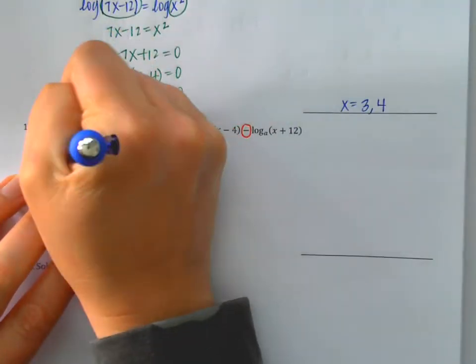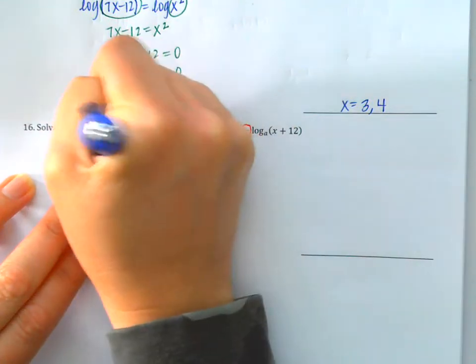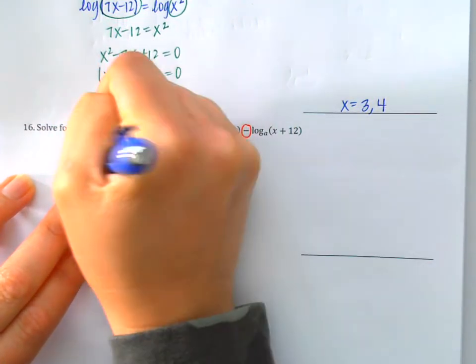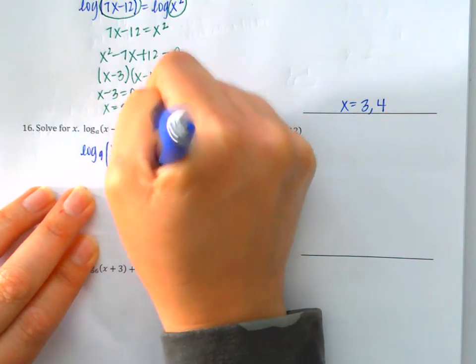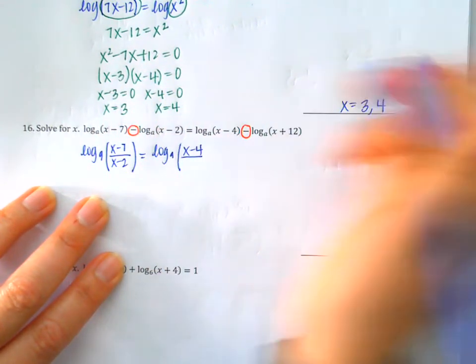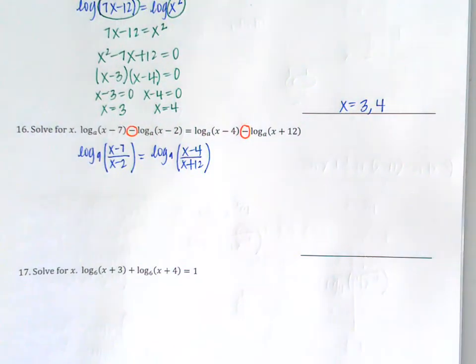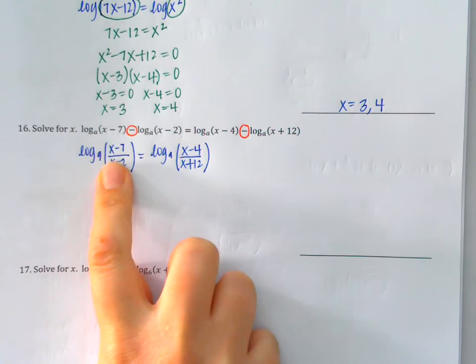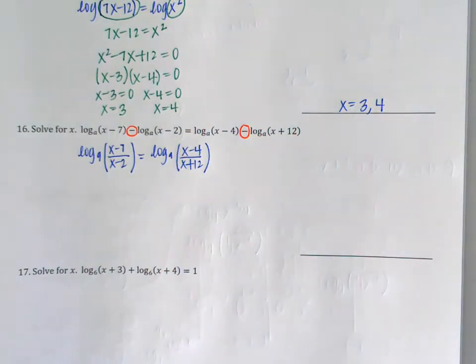So that's going to be log base A of x minus 7 over x minus 2 equals log base A of x minus 4 over x plus 12. So because it's minus, it's going to go in the denominator. Same thing here. It's minus, it's going in the denominator.